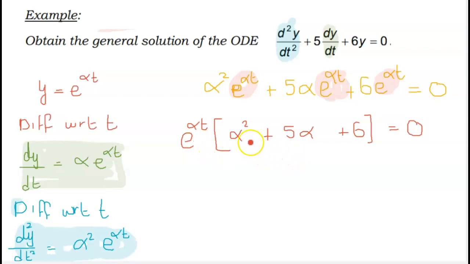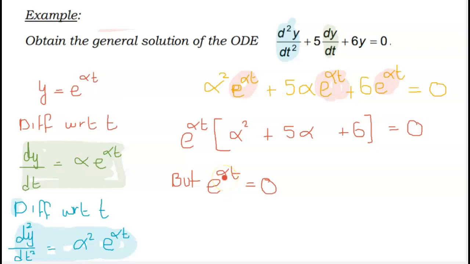Now this whole thing can only be 0 if this number is 0 or the one inside the bracket is 0. But e to the alpha t can never be equal to 0. Why can't it be equal to 0? E has a value of 2.7 something.